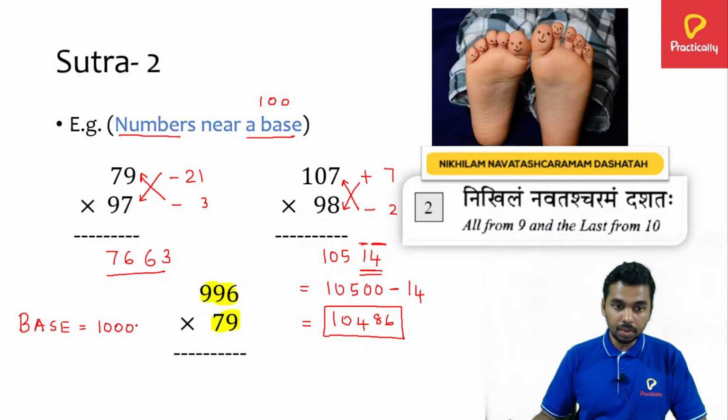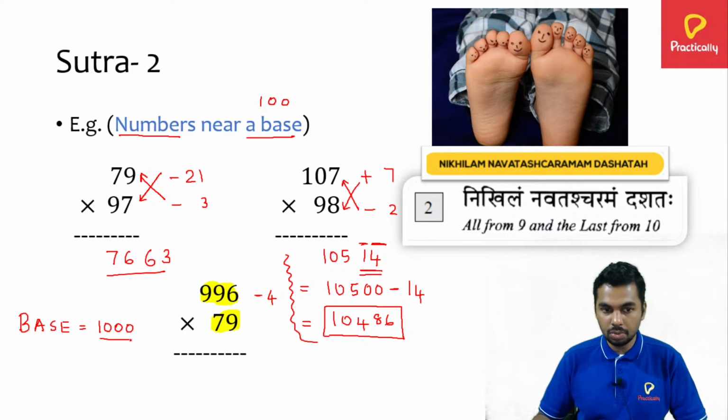So 996 is 1000 minus 4. So you write the number minus 4 on the side. Don't confuse this with the other one, this is part of another problem. Now 79 is closer to 100, but you have to write it with respect to the base of 1000.